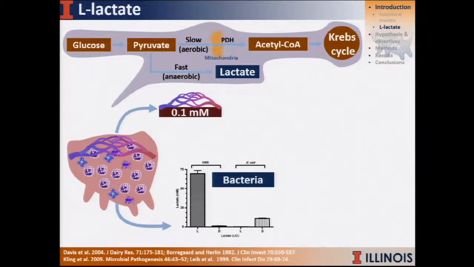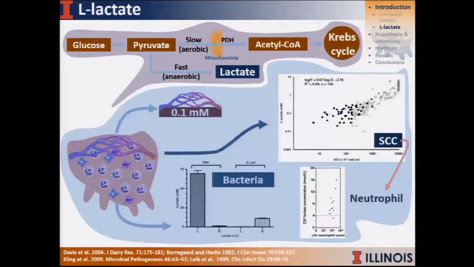And you can see the huge difference between Strep. agalactiae or group B streptococcus and E. coli regarding the production of lactate. But all these sources are not the main source for the milk lactate concentration. The main source of milk lactate is the somatic cell count.